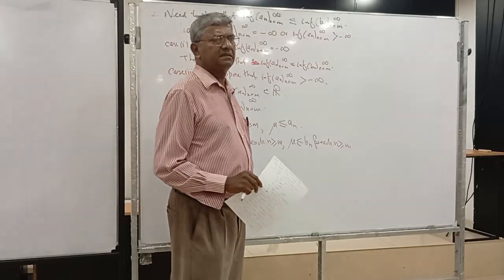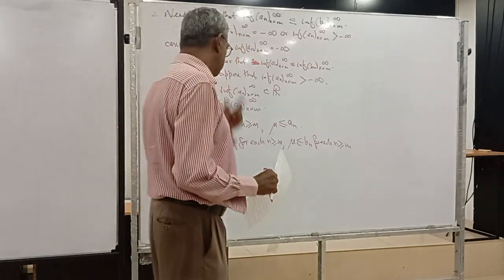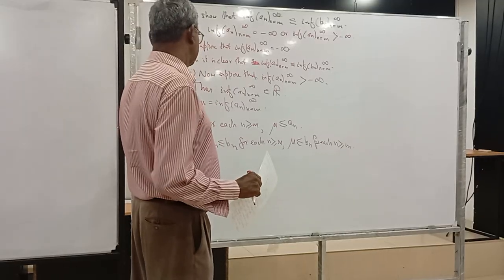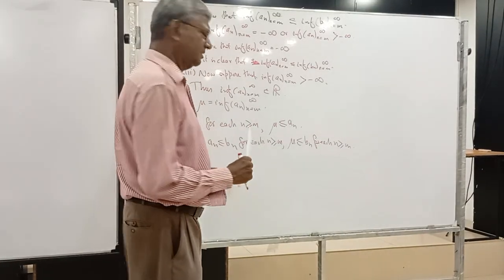Therefore, mu is a lower bound of b n, but inf b n is the greatest lower bound.